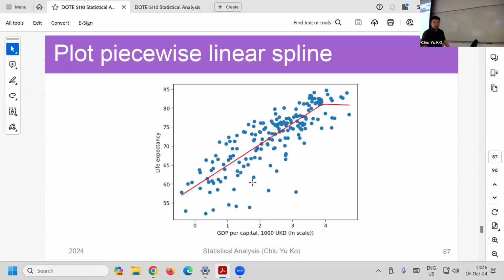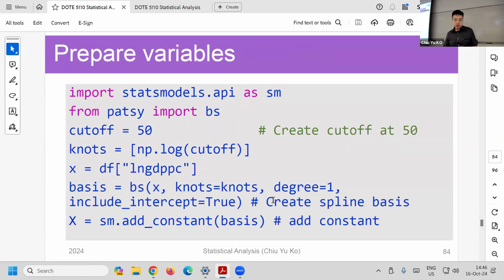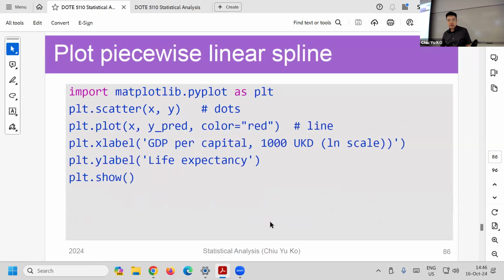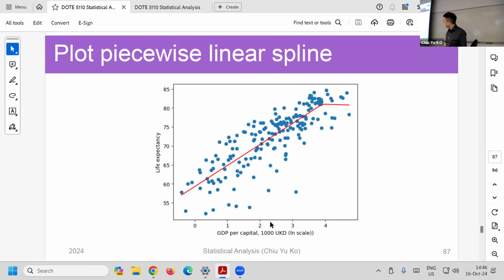No particular reason. Sometimes this fits better, right? The idea behind it is very similar to the bin scatter. You divide into groups, and you rely on the group before and after. There are 2 groups. The bin scatter will say, okay, this average will be my line, and this is the average.